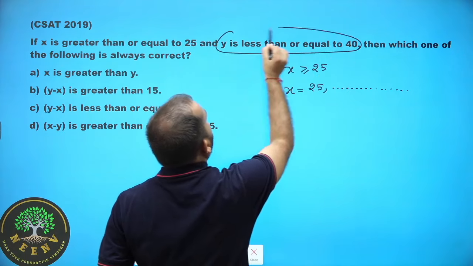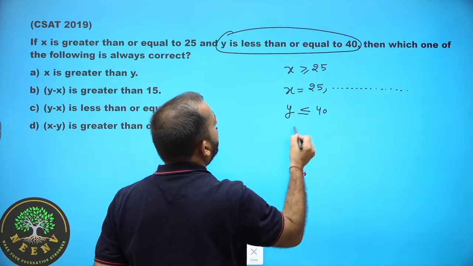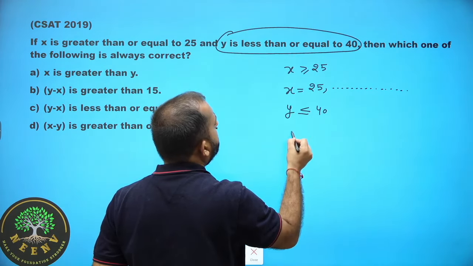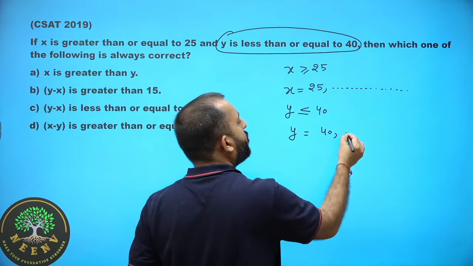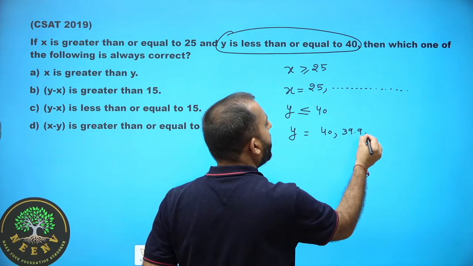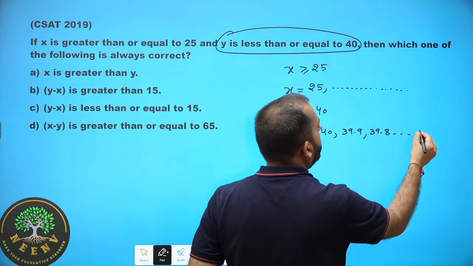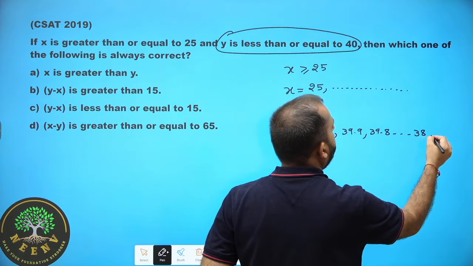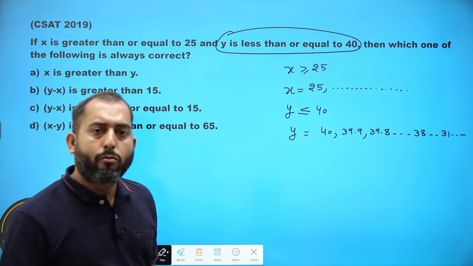Less than or equal to 40. Y is what? Less than or equal to 40, which means the value of y can be 40 or can be less than 40. So it can be 39.9, it can be 39.8, and so on. It can be 38, and so on, 31, any value which is less than 40.